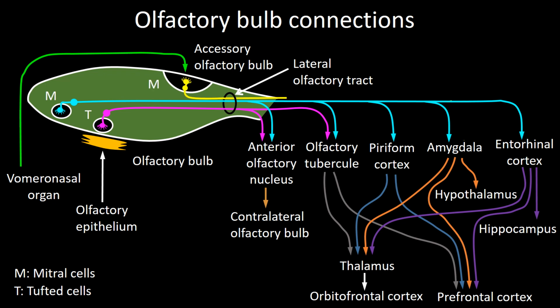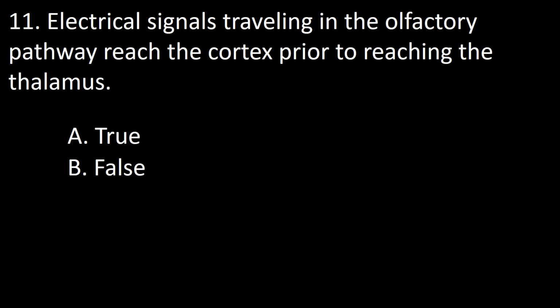Mitral cells in this area make contact with the amygdala. The function of the vomeronasal organ is probably related to mate choosing for procreation. So the answer to this question is A.